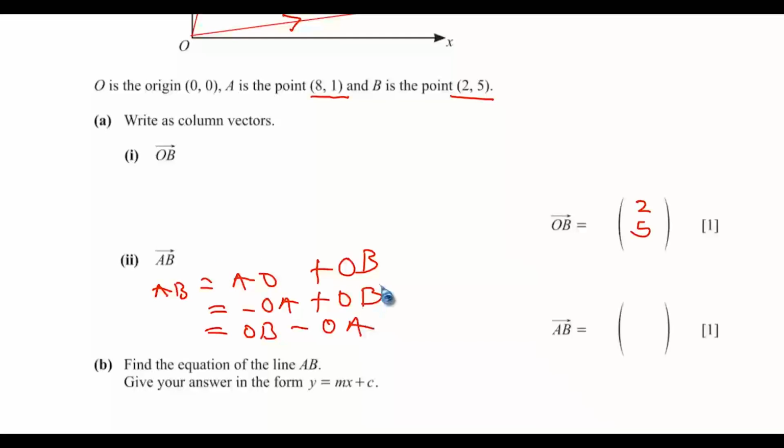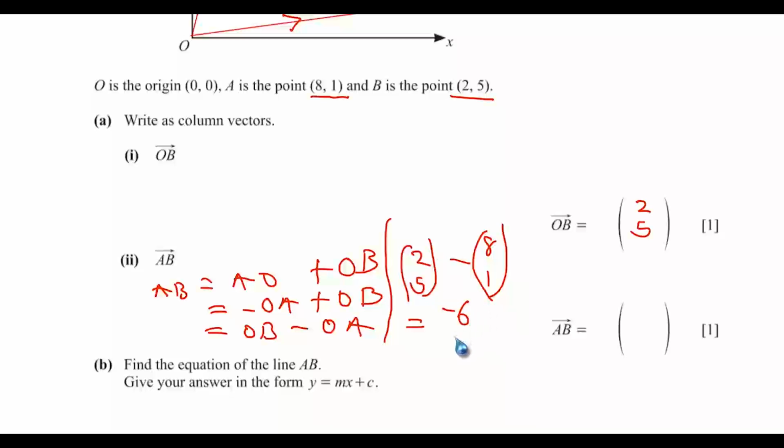Okay, now we can do this. OB is the column vector 2, 5 like this. Then minus OA. OA is 8, 1 as a column vector. So this will give us 2 minus 8, that will be minus 6. Then 5 minus 1 will give us 4. So we have negative 6 and then positive 4 here.